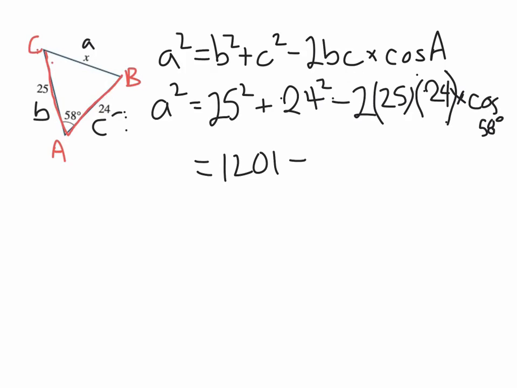Next I'll do 2 times 25 times 24, which equals 1200, multiplied by the cos of 58 degrees.